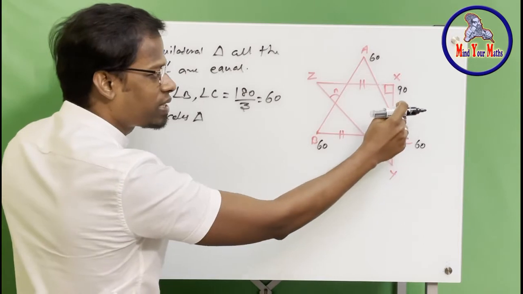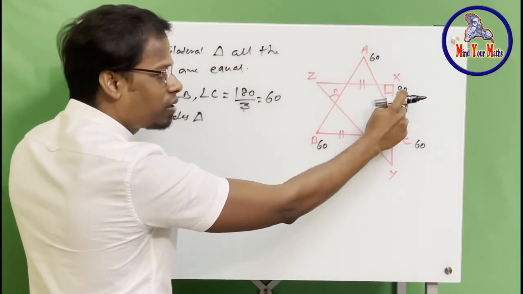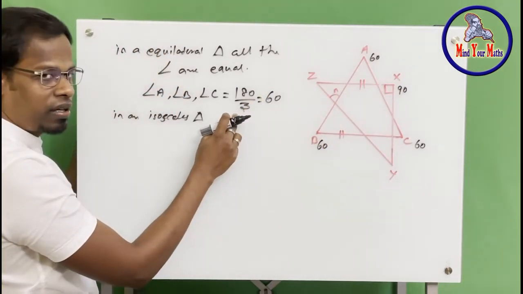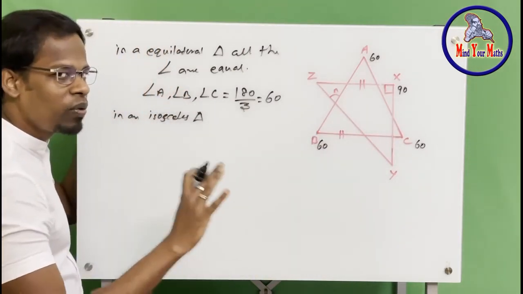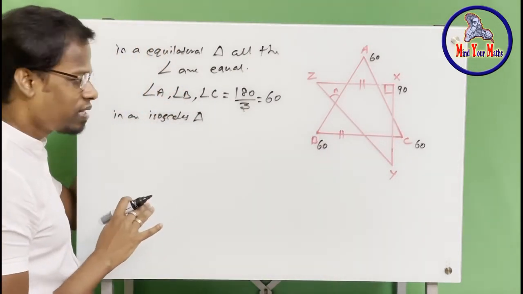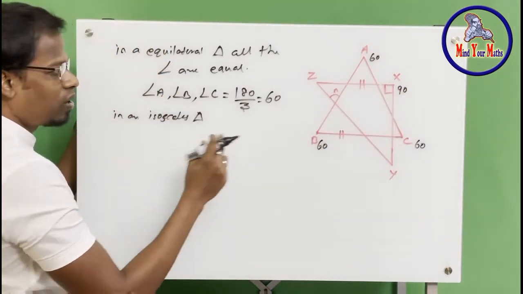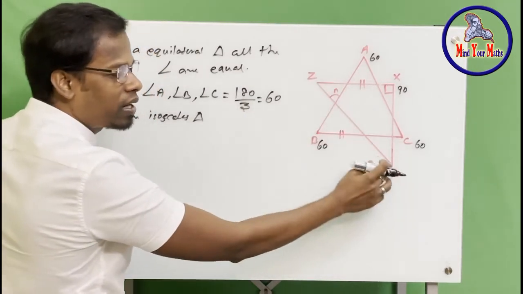What it means is that we know this one is 90 degrees already. So if these two are equal, according to the condition that all three angles added together will always be 180 for a triangle, and we know one is 90 already, let's find out what angle Z and angle Y are, because they are equal.